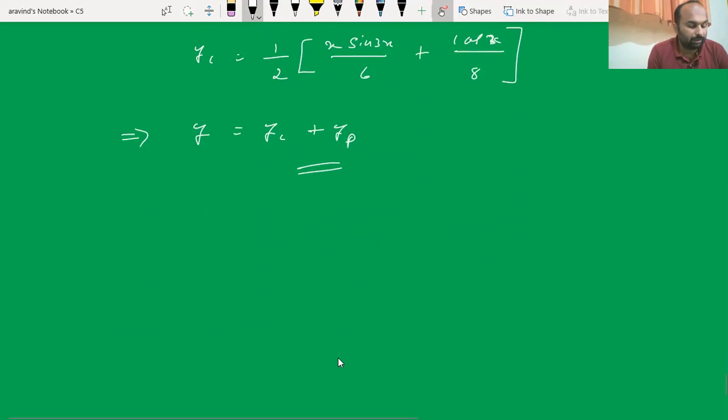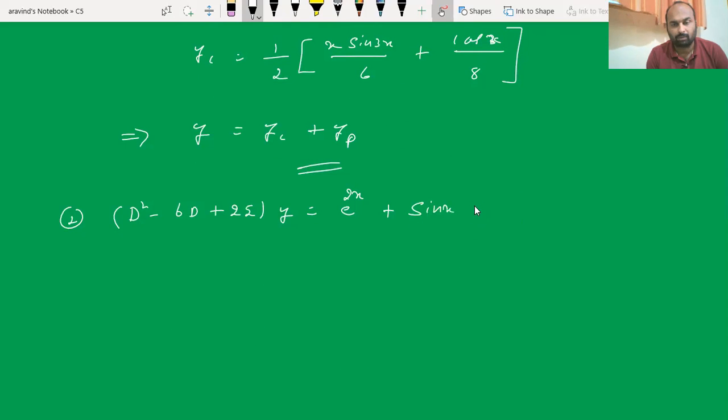So I'll take up another example, that is (D square minus 6D plus 25) into y is equal to e to the power of 2x plus sin x plus x. Now put D is equal to m, so that the auxiliary equation becomes m square minus 6m plus 25.